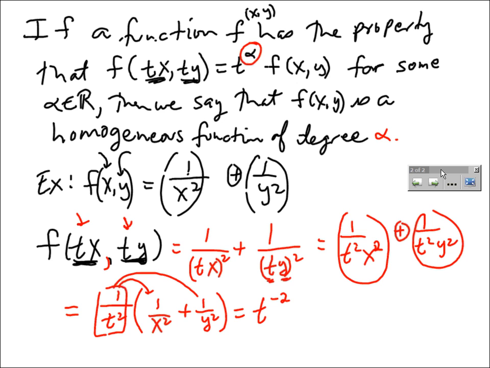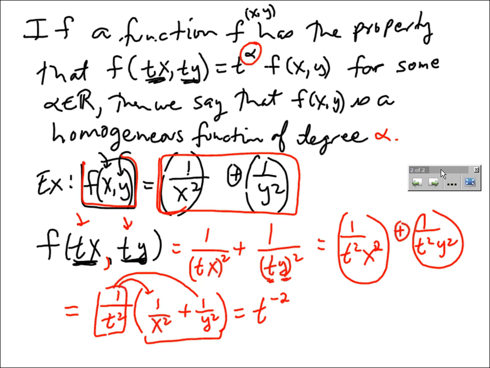I'm going to write it as t to the negative 2 times this, times that. But that is f of xy. But this is exactly what I have here. So it's t to the negative 2 times f of xy.